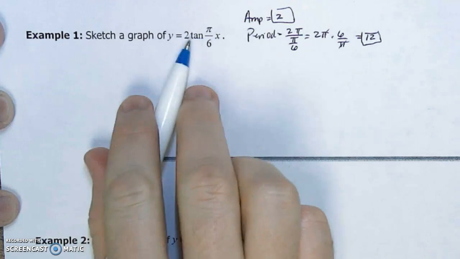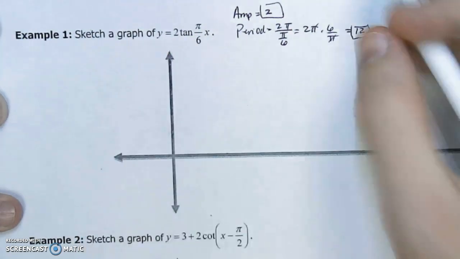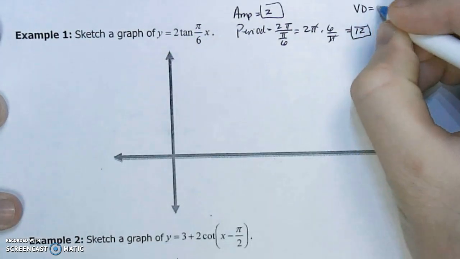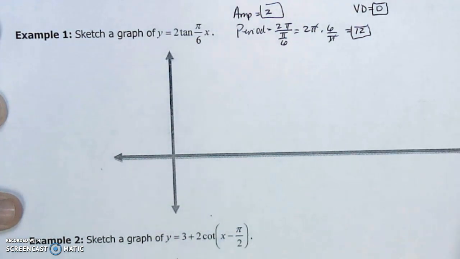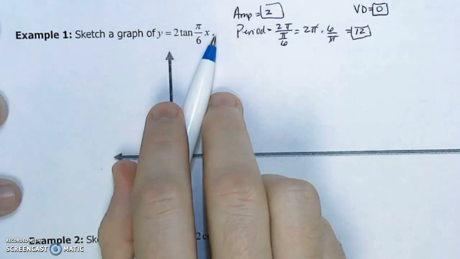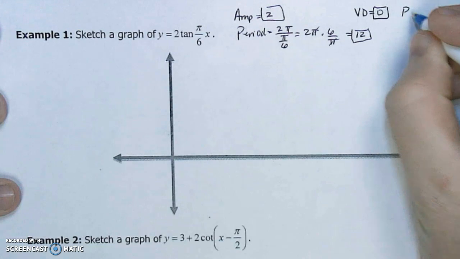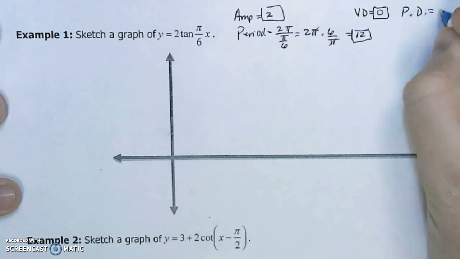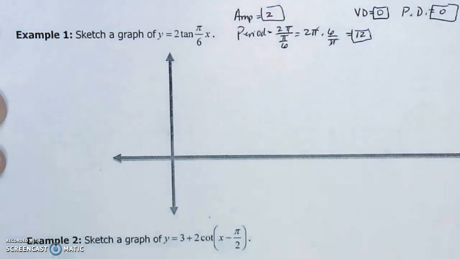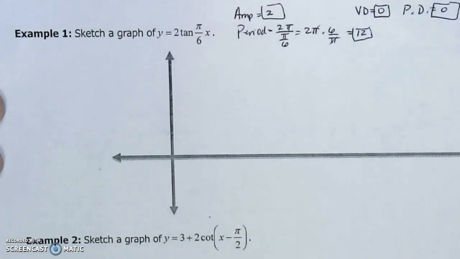We also see that I'm not adding anything in front, so my vertical displacement is 0 if I asked for it. And then I'm not subtracting or adding anything to x, so my phase displacement is 0. For a lot of you, you like to make tables, so I'm going to make a table.